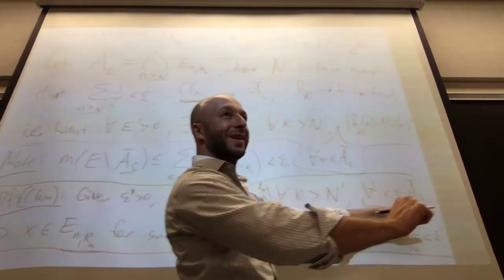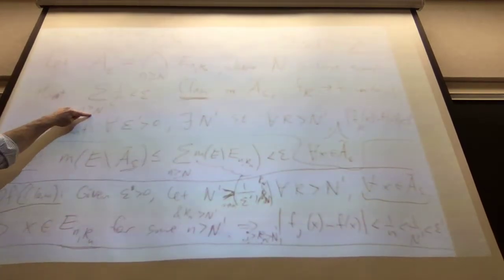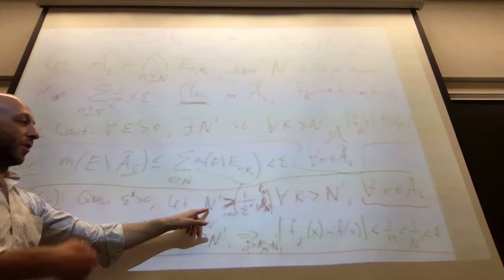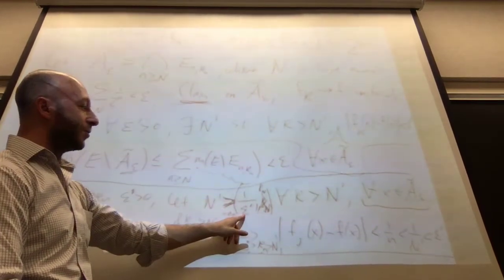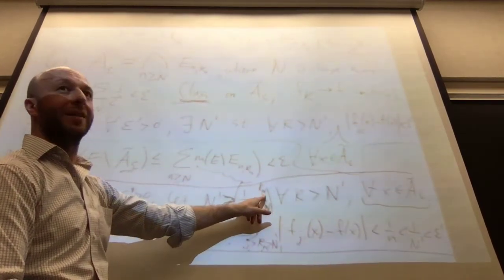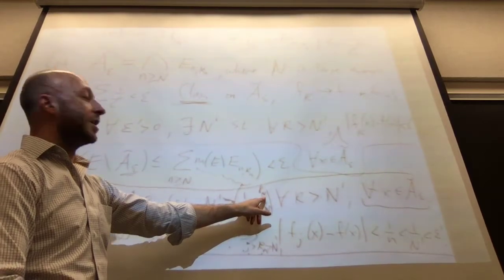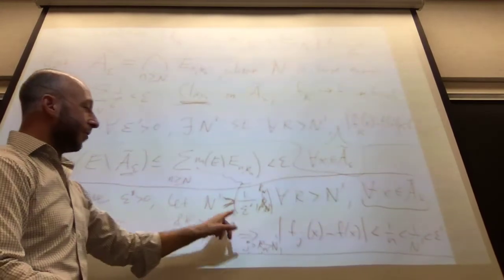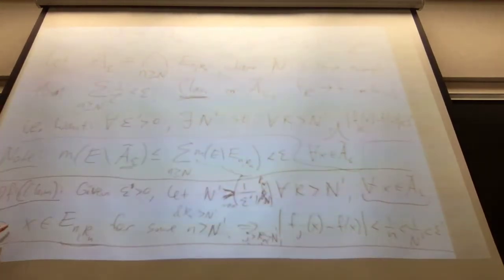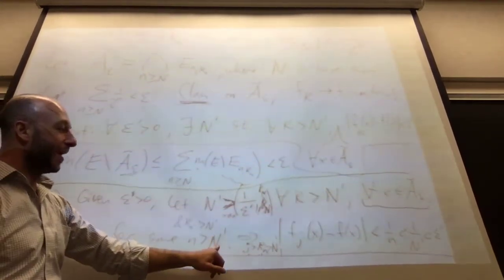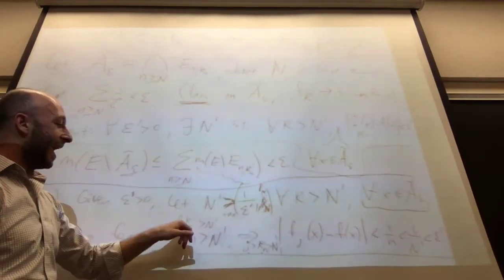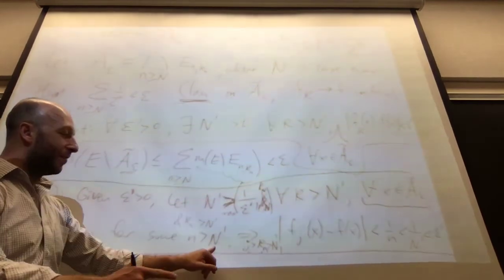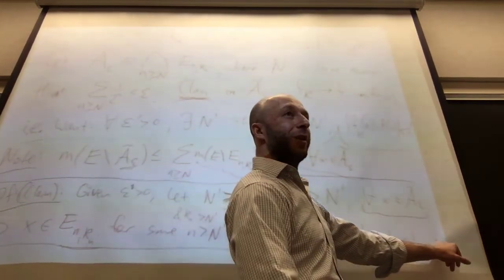This set is fixed. It has its own epsilon, it has its capital N. Oh, you picked your big N. The big N was picked here. Sorry, N prime. I meant N prime. The big N prime I get to choose. So all I do is choose it to be at least 1 over epsilon and k sub big N. Why the k sub big N? The k sub big N is so that we don't run into trouble here. So the point is, if n is bigger than big N, and k_n is bigger than big N prime, if n is bigger than big N prime, then I'm within epsilon.